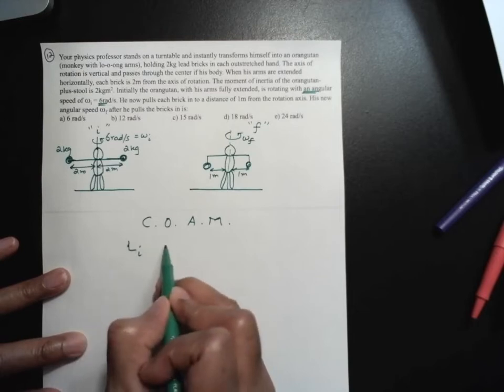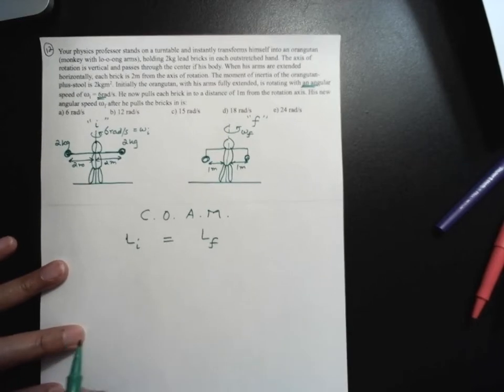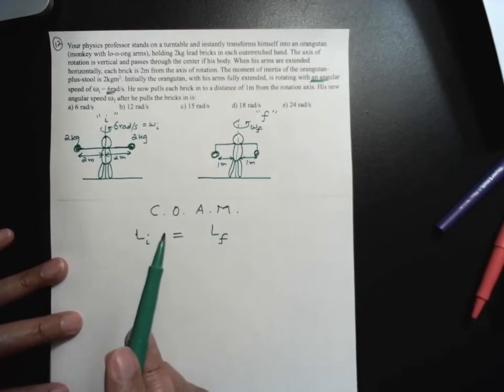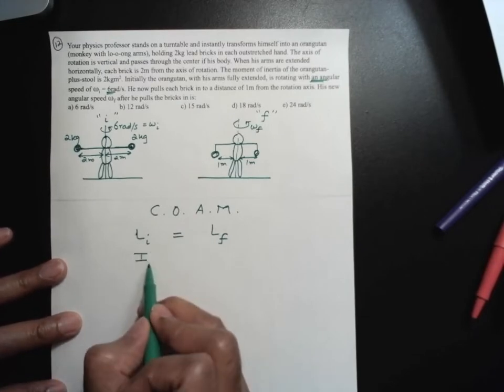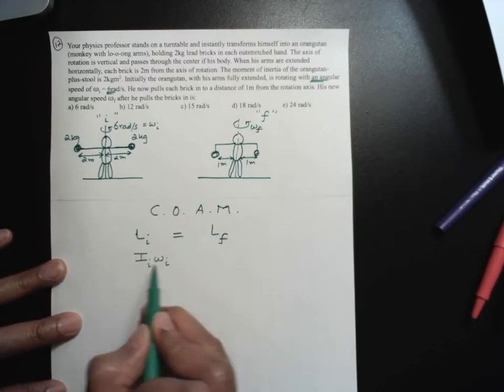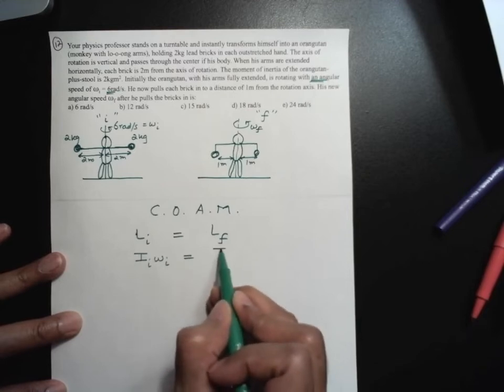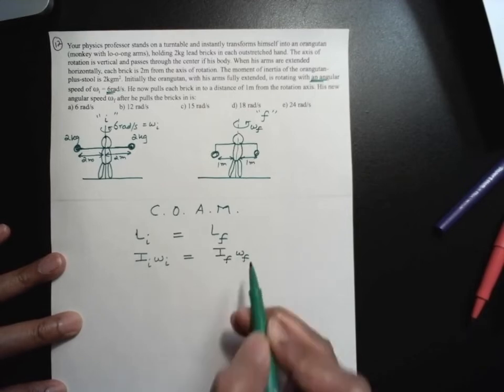The initial angular momentum must equal the final angular momentum if there are no external torques acting, which means the angular momentum is, of course, moment of inertia times angular velocity, right?